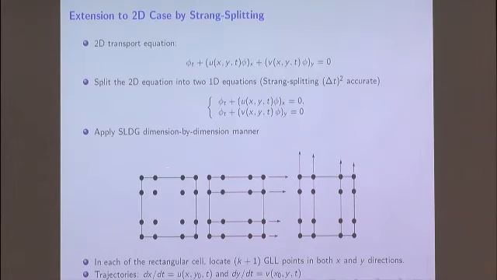First we take an element, sweep in the x direction, find the intermediate solution, then go in the y direction. The trajectories are determined by solving these two equations.